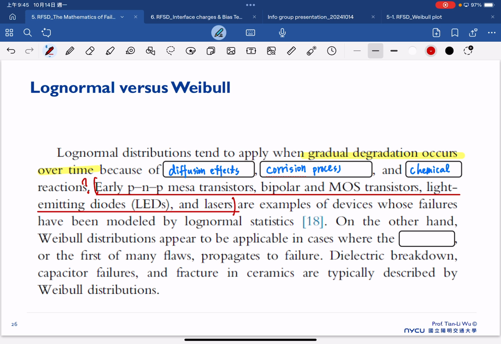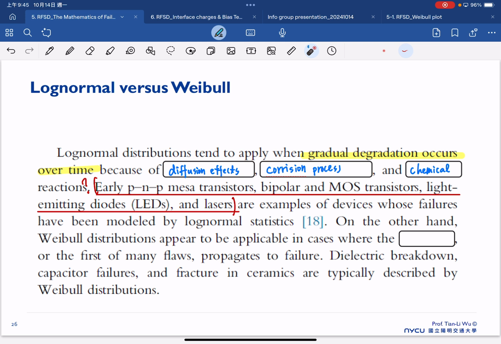That also means that with any advanced technology, we have to evaluate and understand the reliability again. Based on my experience, I'm not sure the log normal is still true for the degradation that happens in, for example, the early PNP MESA transistor, bipolar or MOSFET, or light emitting diode or laser. We still need to be cautious about whether we can use a log normal or not.